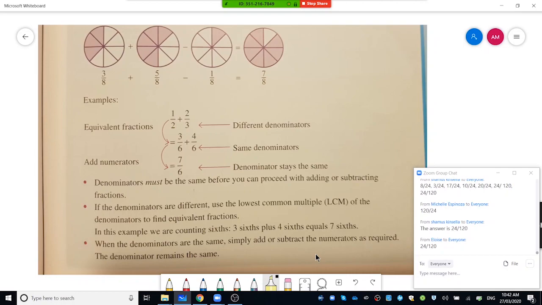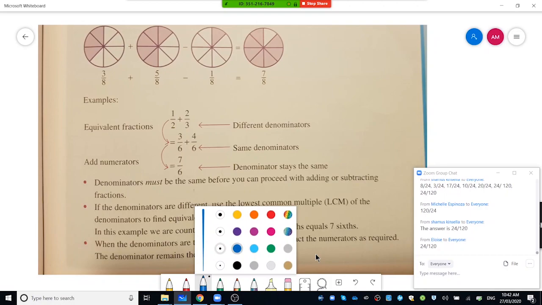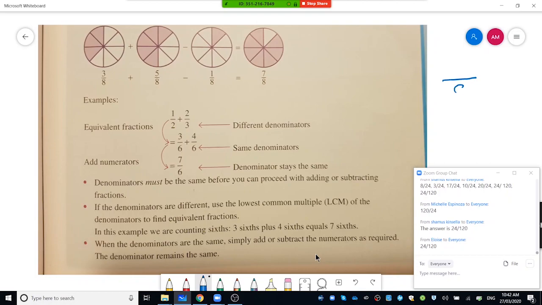What I'm saying is, let me write it in a different color. Because we have a denominator which is 8, we would keep it like that. So 8 is there, and then we have 3 plus 5 minus 1, and we close the bracket. 3 plus 5 is 8, 8 minus 1 is 7.